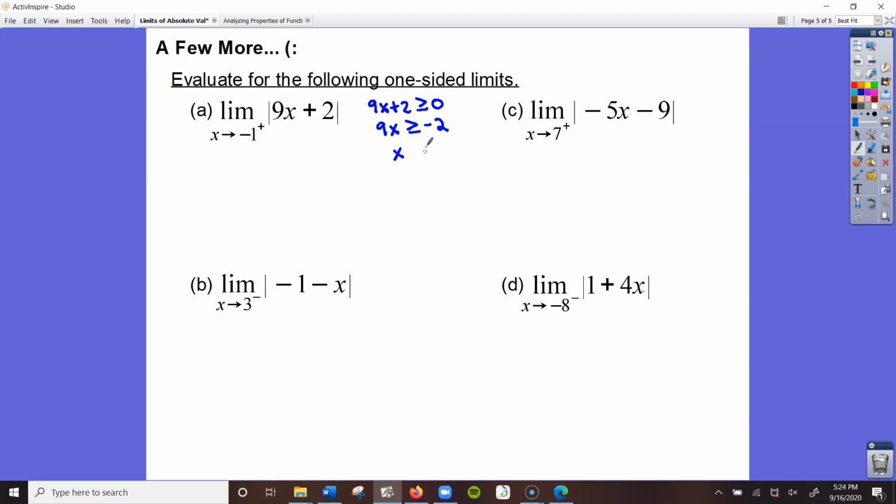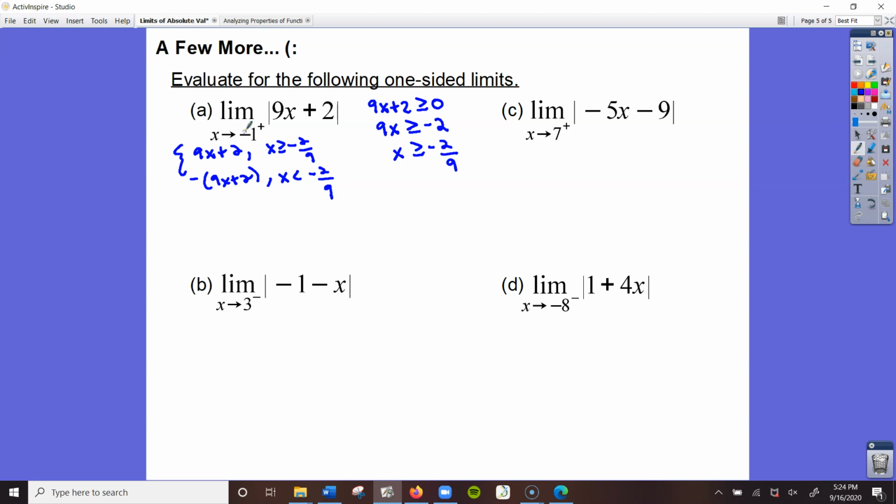Then divide by 9, we get x is greater than or equal to negative 2 over 9. So my piecewise function for the absolute value of 9x plus 2 would be positive 9x plus 2 for when x is greater than or equal to negative 2 over 9, and negative 9x plus 2 for when x is less than negative 2 over 9.